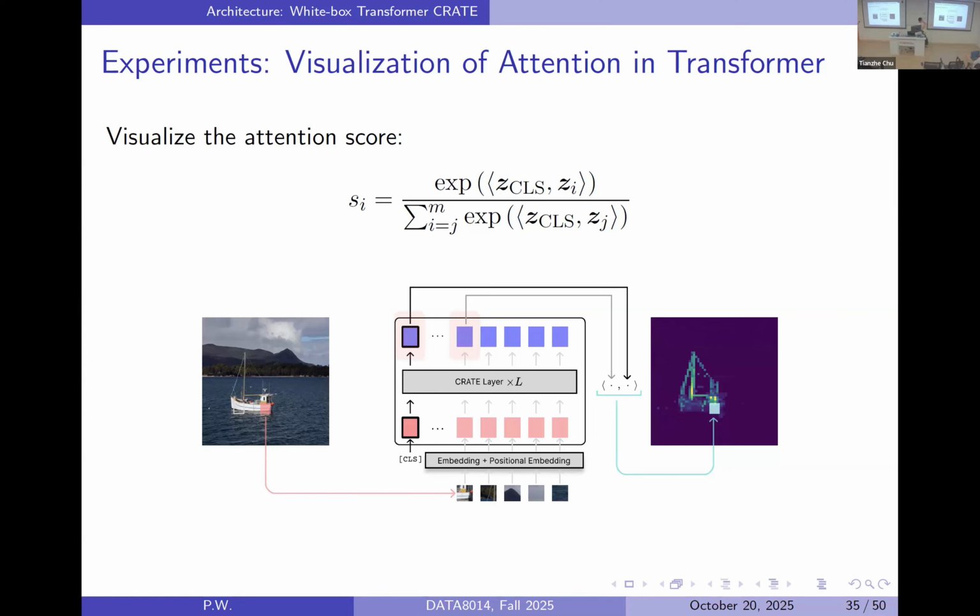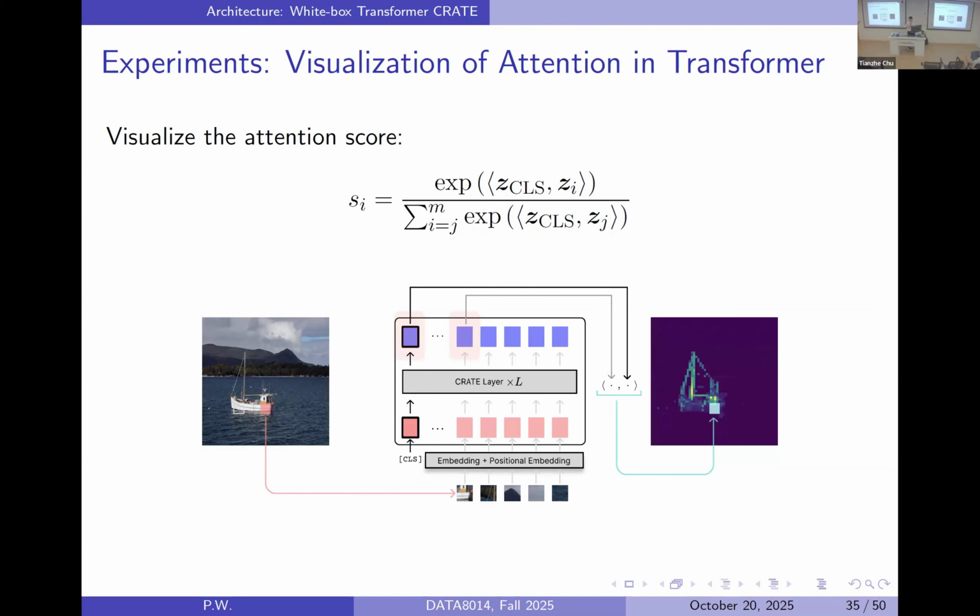And Z_i denotes the representation of the i-th input token. You can see here this attention score, these different heads have some specific semantic meaning when you visualize it.